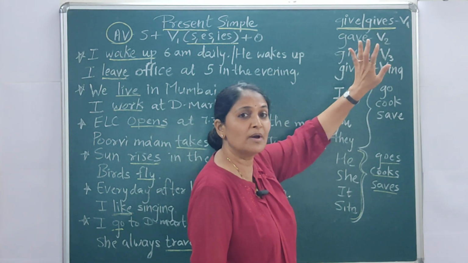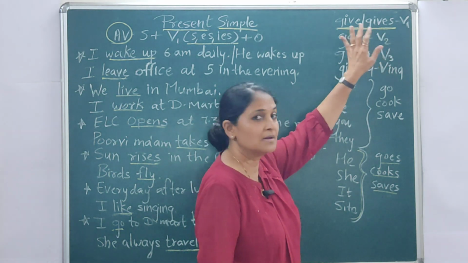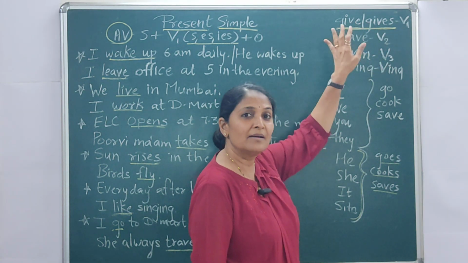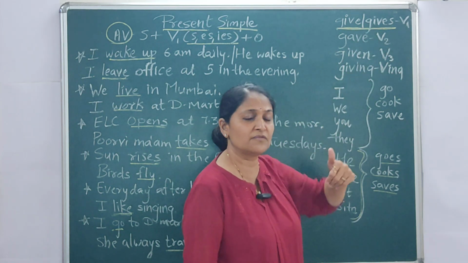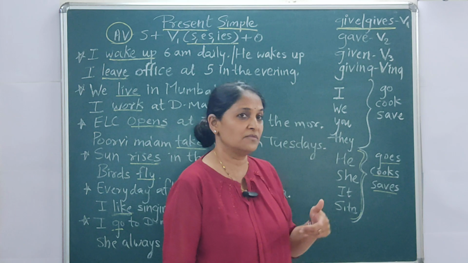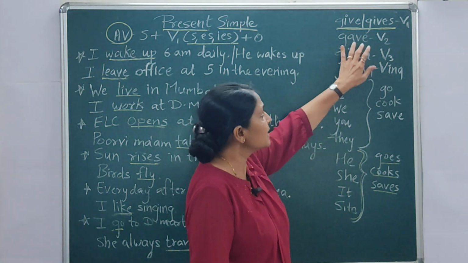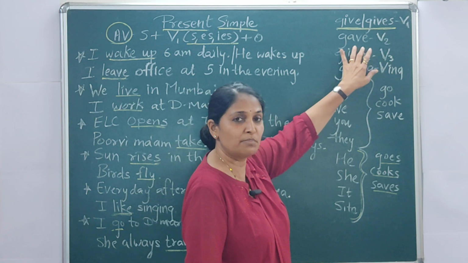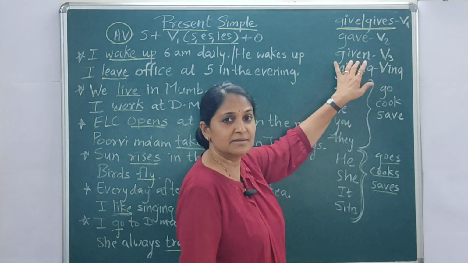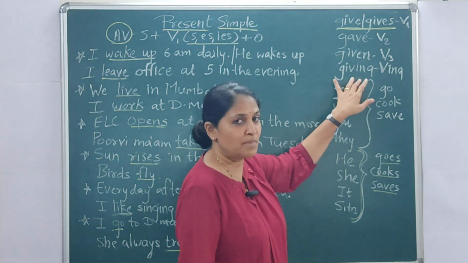Now in the present form you have 2 things, give and gives, go and goes, write and writes. So that is the base form or first form of the verb, or present tense of the verb. Now gave is past tense. So give and gives is present, gave is past, given is past participle, and giving is present participle.